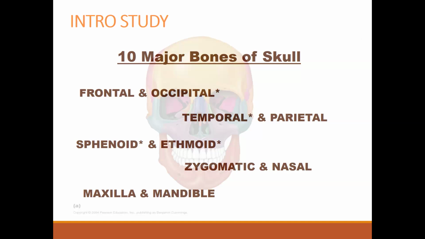Or it might be an attachment for a muscle to the skull of some kind. So all these landmarks that we're using on these 4 bones only will have a function. For these landmarks, you have to know what bone they're on, the name of the landmark, how to spell it, and then of course what the function of it might be.